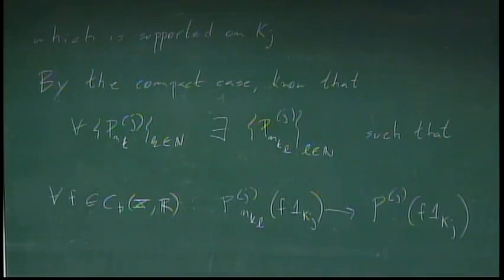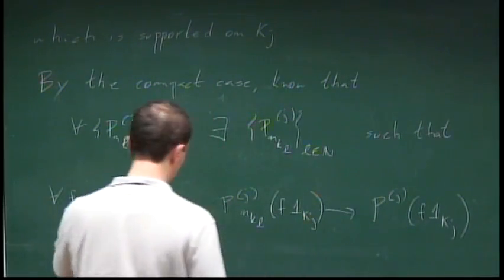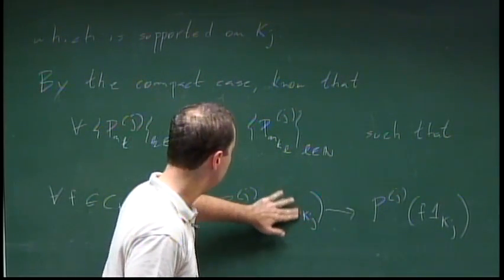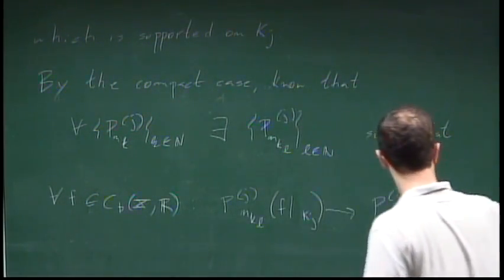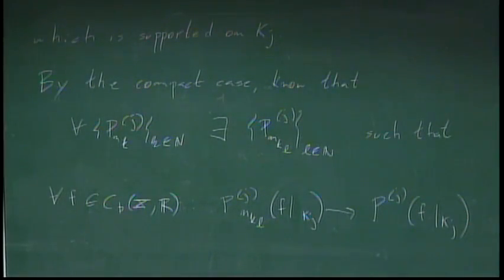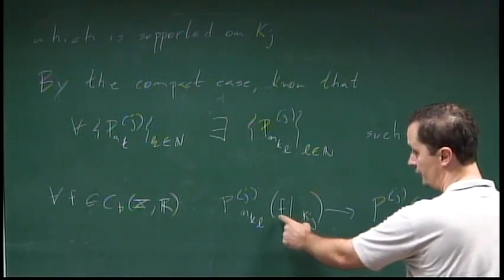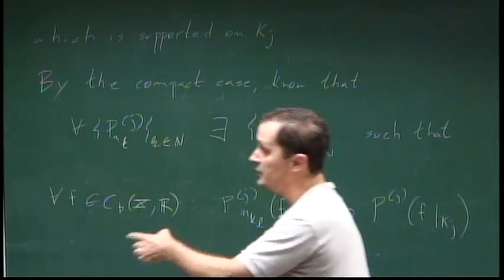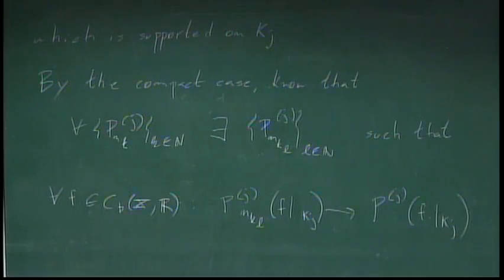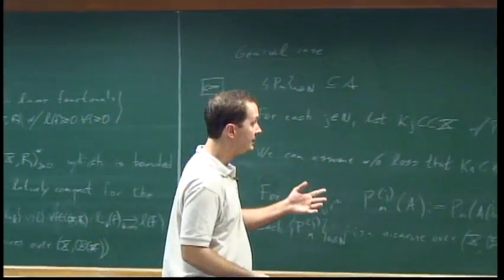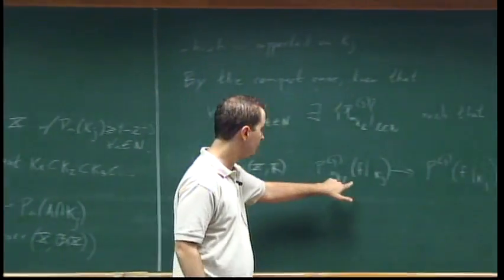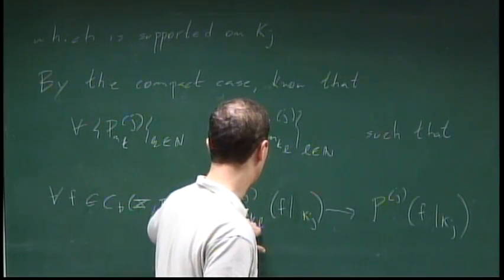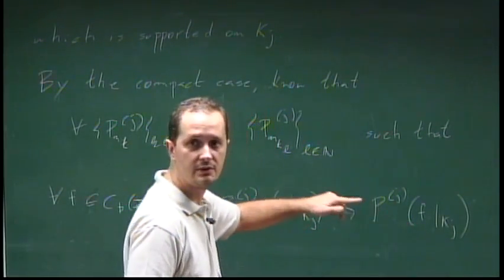Right? So here I'm saying, if you take a continuous bounded function over the whole of X and you restrict it, right, so this is really a restriction here, now this is a continuous function over the compact set Kj. And because I know that the set of measures with bounded mass over a compact set is relatively compact, I have this compactness property that allows me to deduce this.